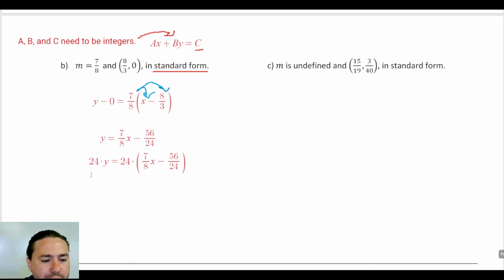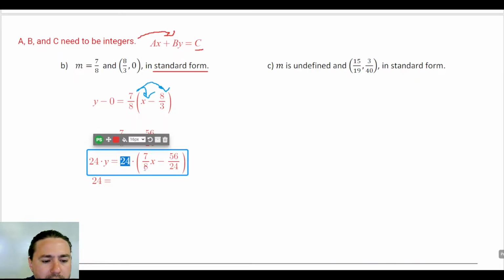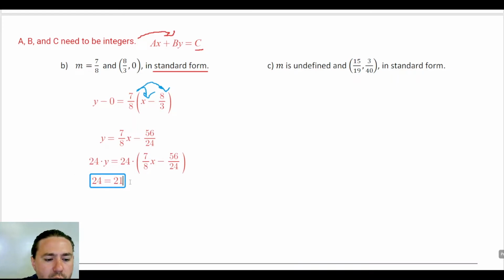So after multiplying by 24, I get 24y equals, I want to be careful here, so let's see, 24 divided by 8 would be 3, times 7 would be 21, so I get 21x minus, and then the 24 over 24 here will just reduce to 1, so minus 56.